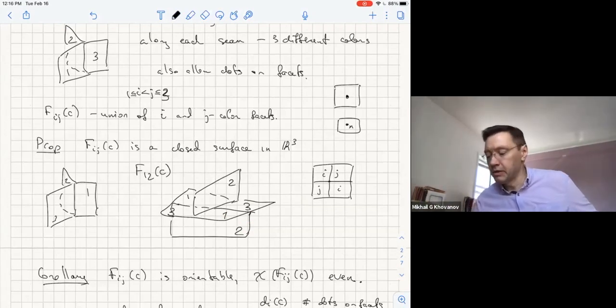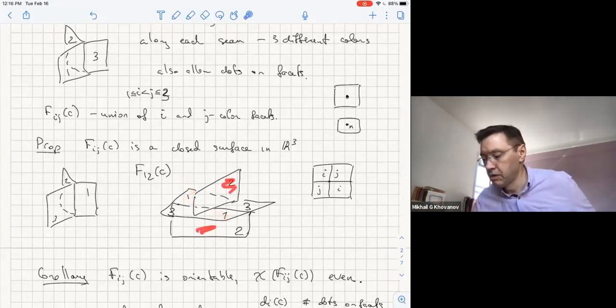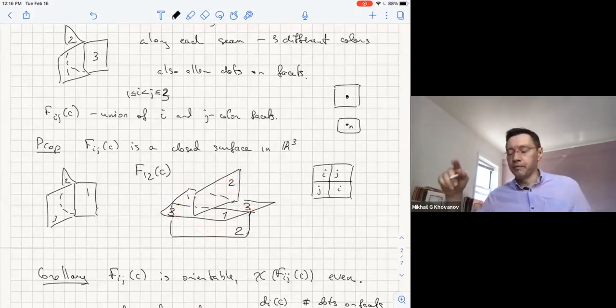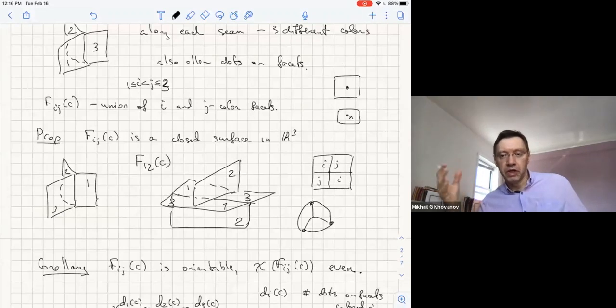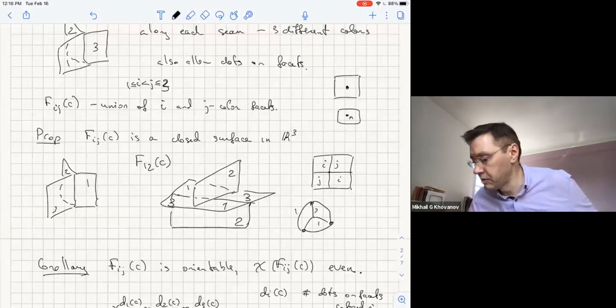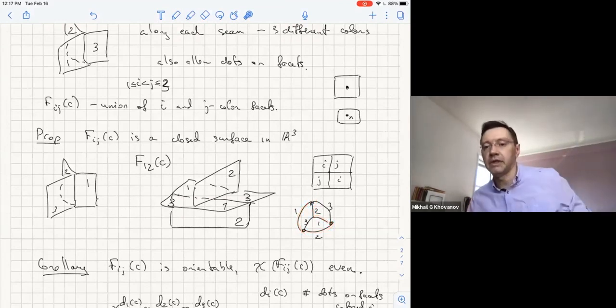So the coloring of any facet matches the color of the opposite facet. So 1, 1, 2, 2, and 3, 3. So if you draw the link of the vertex, then up to symmetry, there's only one coloring of the thing. So 1, 1, 2, 2, 3, 3. And now if you take any two colors, say 1 and 2, then we see a cycle inside the graph.